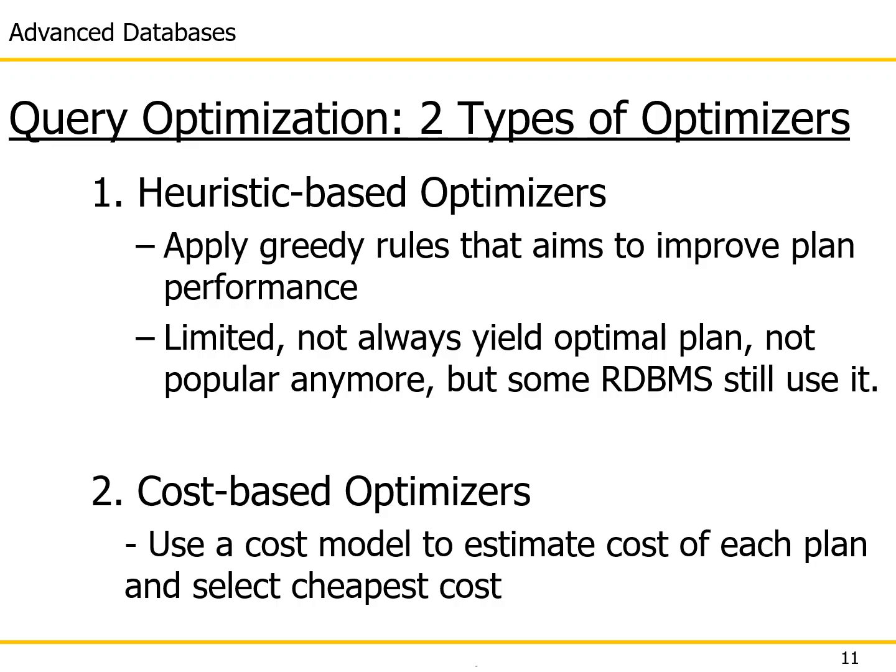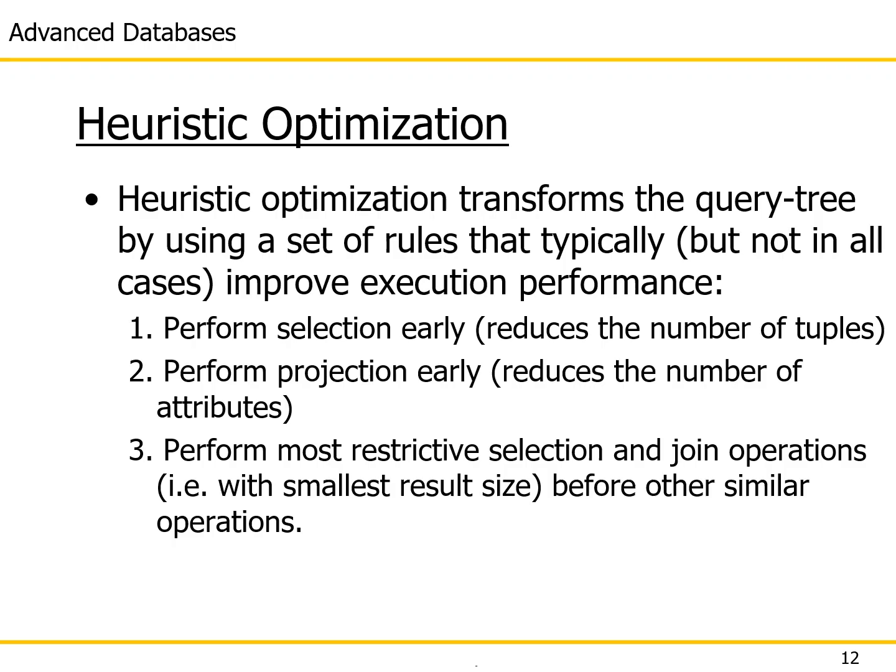Okay, and the really advanced database engines like Oracle and PostgreSQL, they would enable you to do some level of manipulation on how the optimizer works. Because as we will see in heuristic-based optimizers, some decisions are made that are not necessarily correct, or at least they're not really taking into account the different aspects that you need to consider when you actually make the optimization. Okay? So let's start with heuristic-based optimizations.